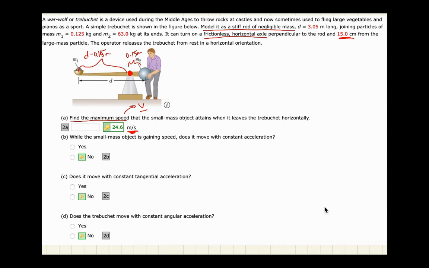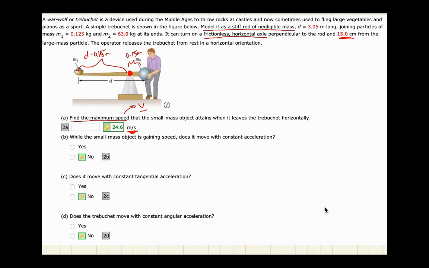When it leaves the trebuchet horizontally, you could solve for this using very complicated torque, rotational acceleration, and trig and calculus, but that's doing too much work. Ultimately, the easiest way to solve this is to think about it from an energy perspective, hence why it's included in the energy problem set.